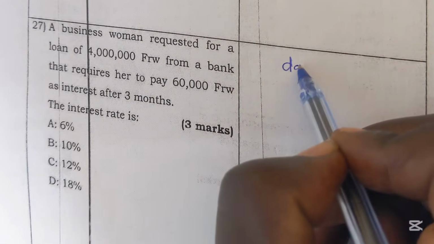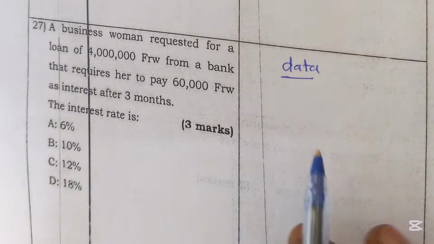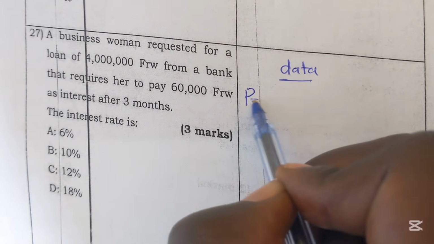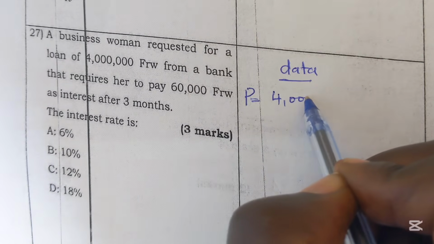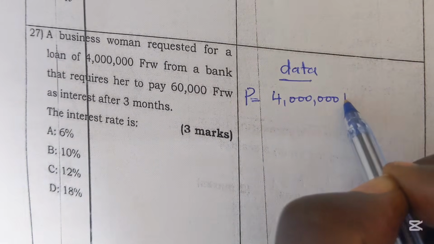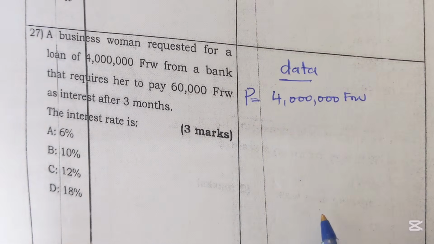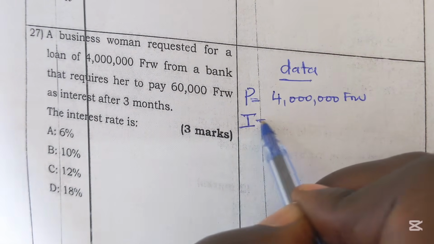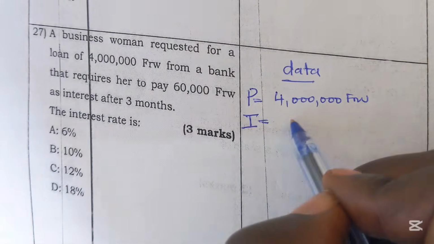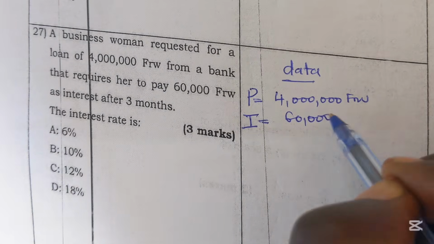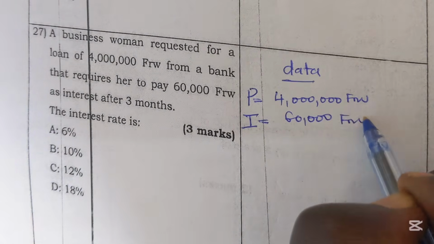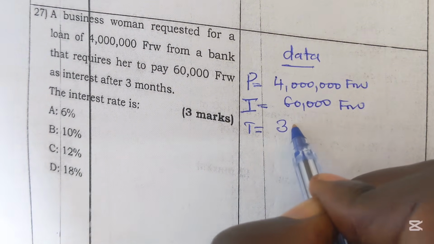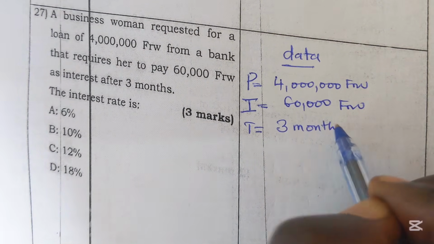Given: principal equals 4 million Rwandan francs, interest equals 60,000 Rwandan francs, and time equals 3 months.